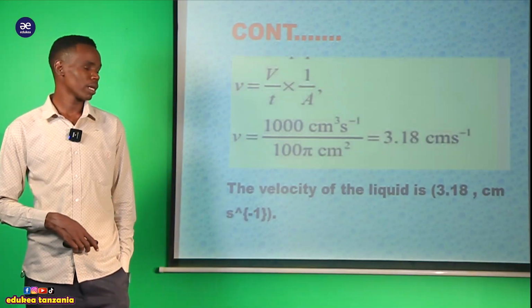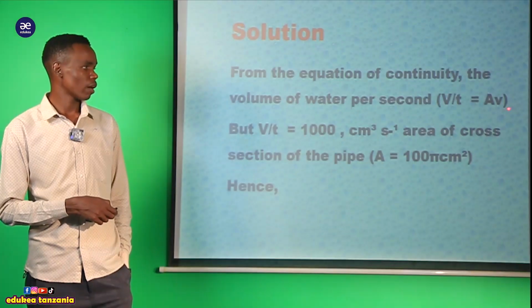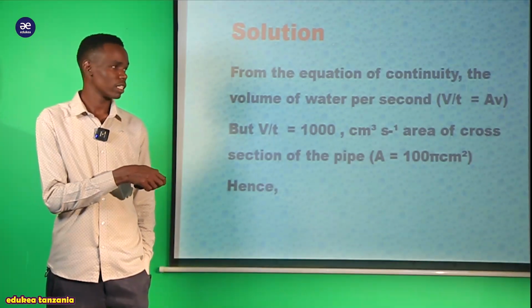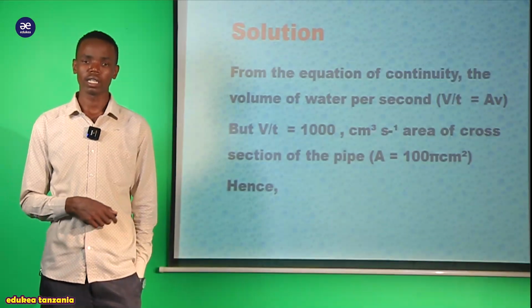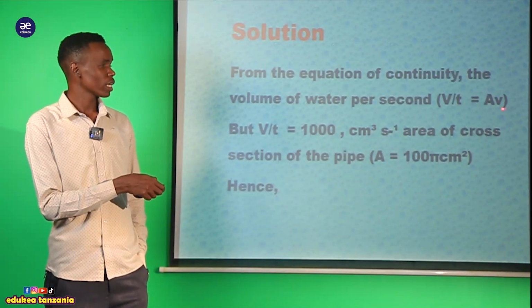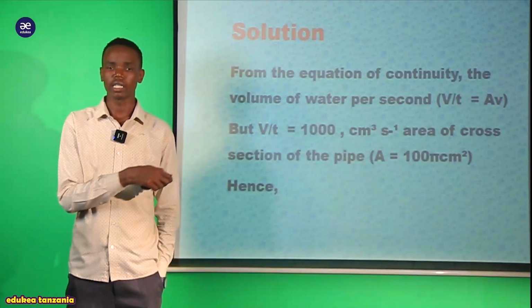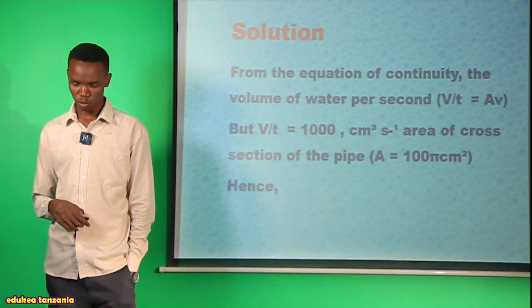Now after that, my dear student, because our aim here is to find the velocity, the v. This is small v, which represents the velocity. How can we get this v? We are supposed to divide by A throughout.